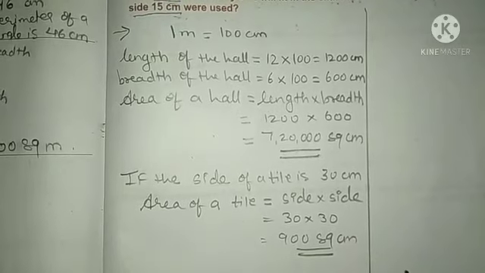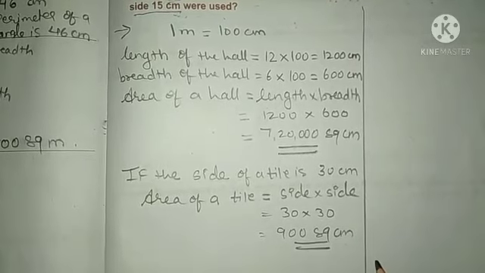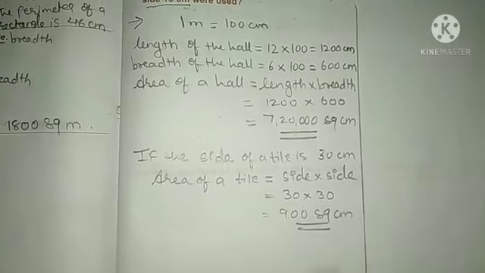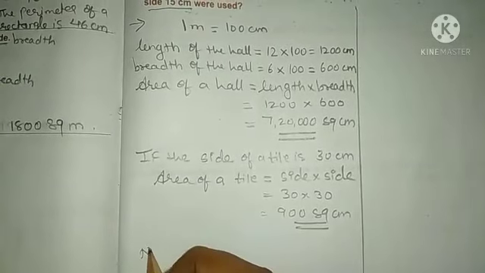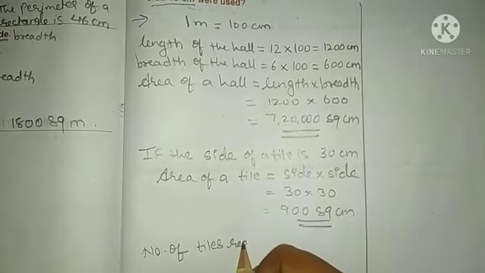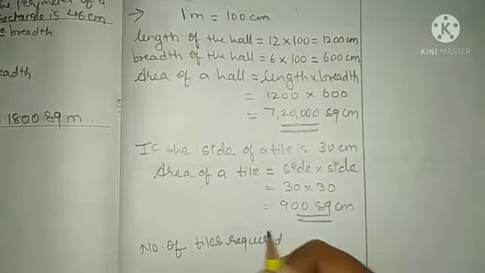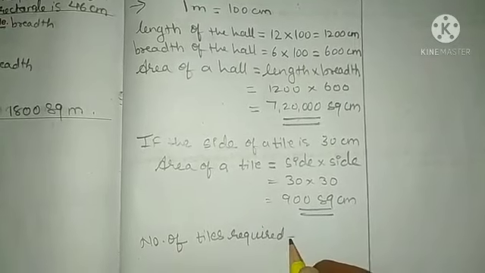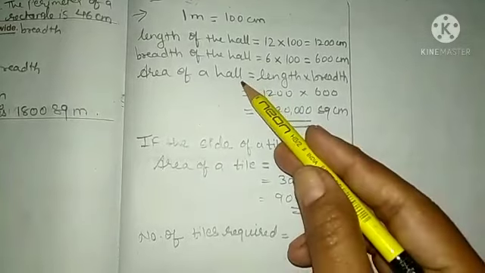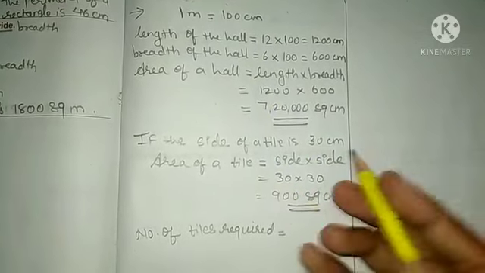Clear everyone? So here now we will find out how many tiles will be required. So the number of tiles required, how you are going to find out? For the number of tiles, you have to divide the area of the hall by the area of a tile.